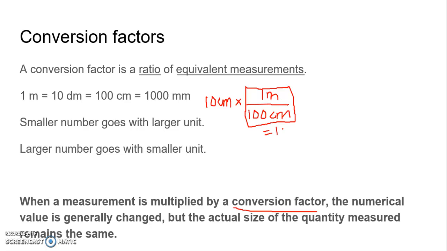Okay? Now if I multiply this conversion factor by 10 centimeter, the unit centimeter is cancelled out, and I have meter left as the unit. Then 10 divided by 100, so I would have what? 0.1 meter. Now from 10 centimeter to 0.1 meter, the number changes, but 0.1 meter still represents 10 centimeter. They have the same quantity. The quantity remains the same.